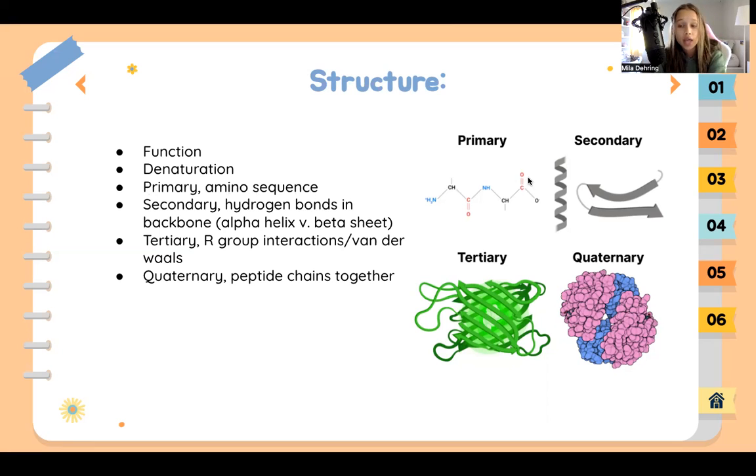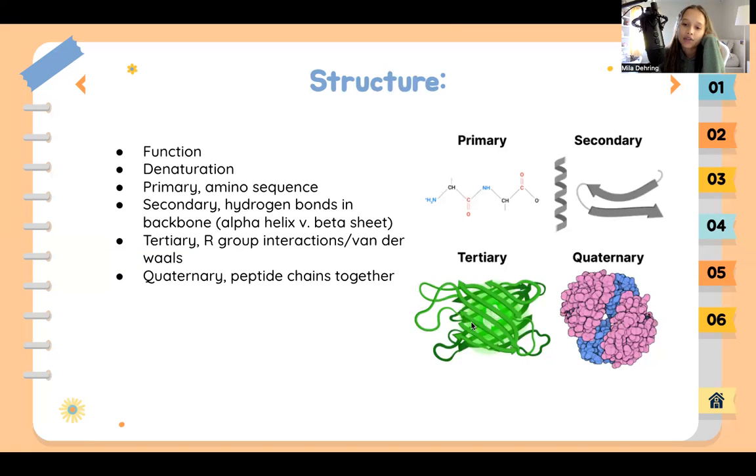There are 4 main structures you need to know for proteins. Primary structure is the sequence of the amino acids. This actual sequence of amino acids forming together determines your primary structure. The secondary structure is the hydrogen bonds that link the backbones of the amino acids, which turn into either an alpha helix, which is this shape right here, or beta pleated sheets.